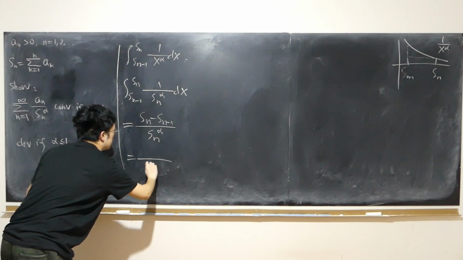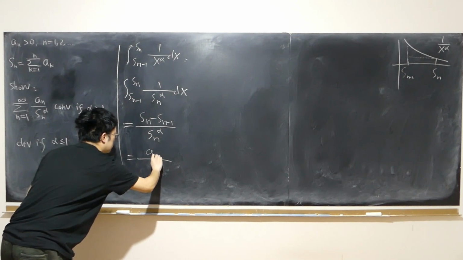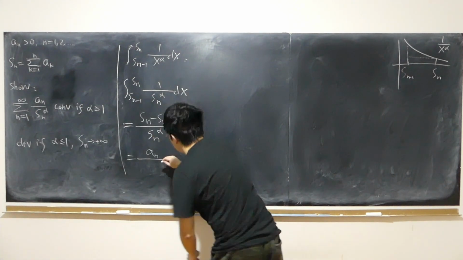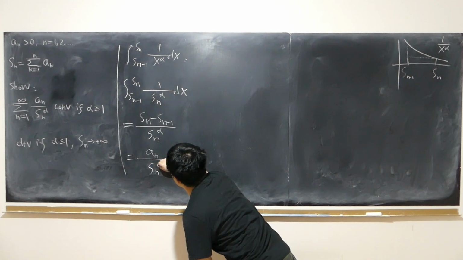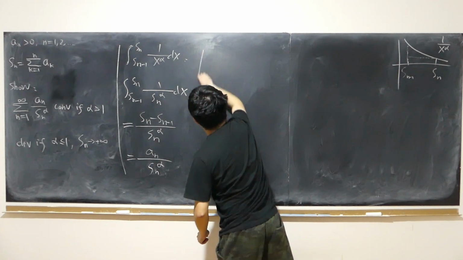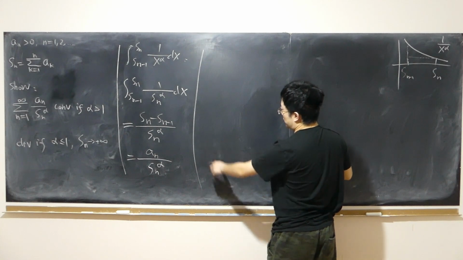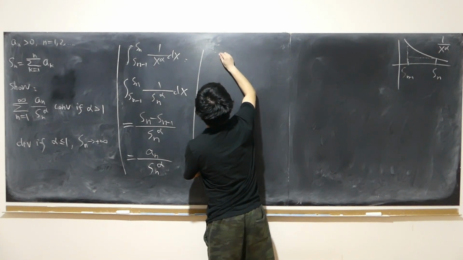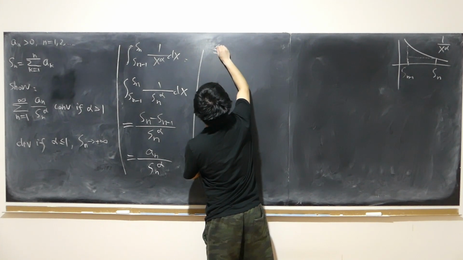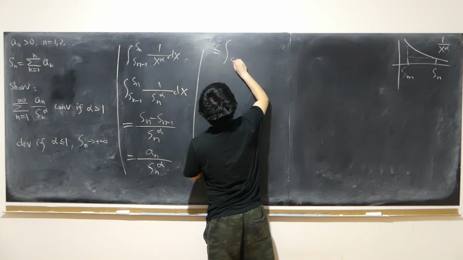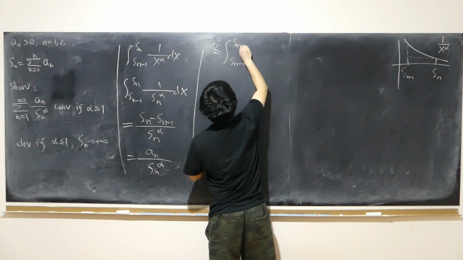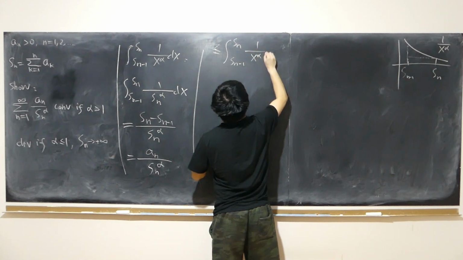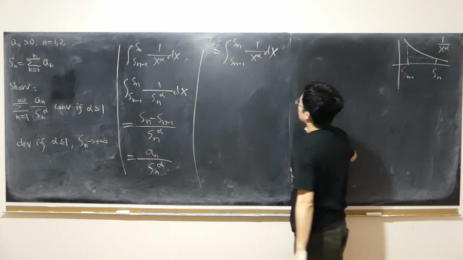That is essentially An over Sn to the alpha. Like I said, that must be smaller than the actual integral, the integral from Sn minus 1 to Sn of 1 over x to the power alpha dx.